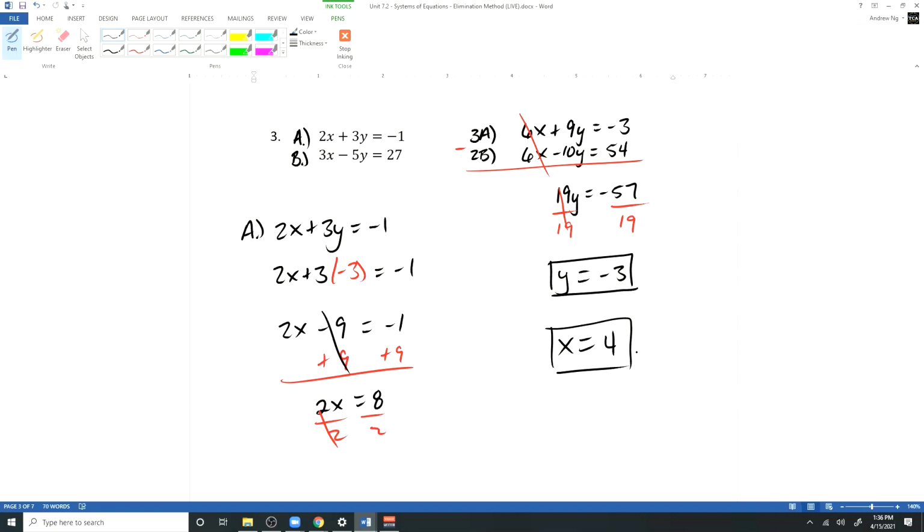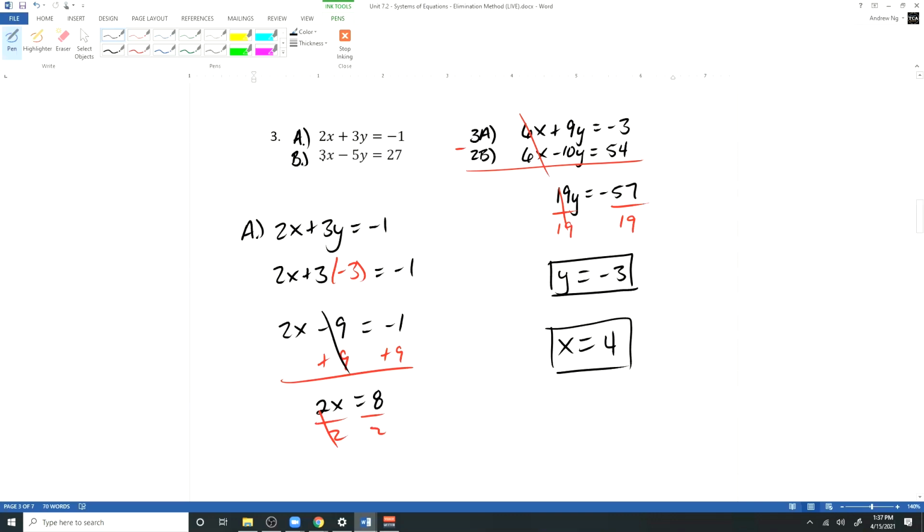Let's recap what we did here. I saw that the coefficients on the x's and the coefficients on the y's, nothing really matched up. And there wasn't anything I could multiply 2 by to match 3, or anything I could multiply this 3 by to match 5. So that meant I'm going to have to do some clever multiplication, where I multiply each equation by the coefficient from the other.